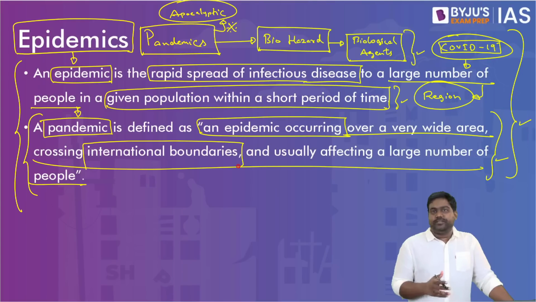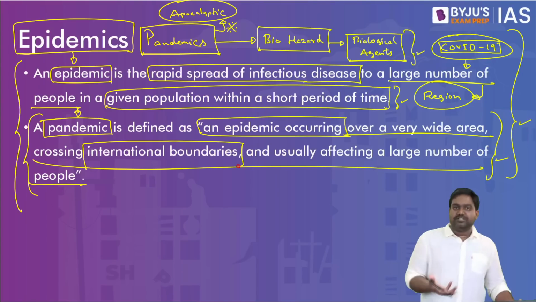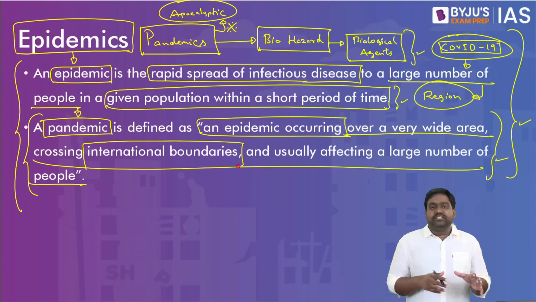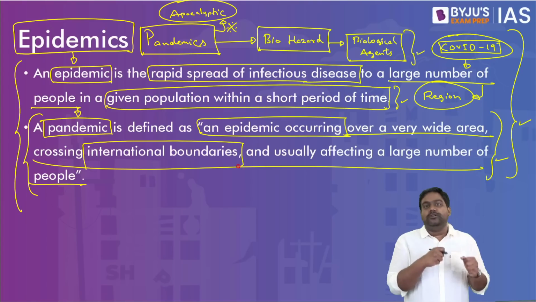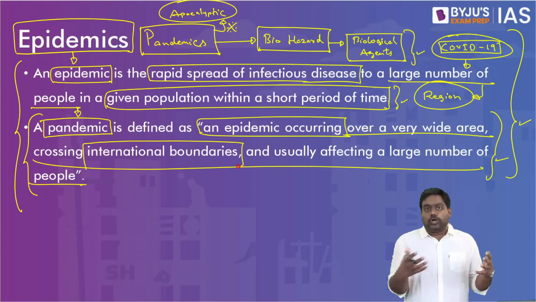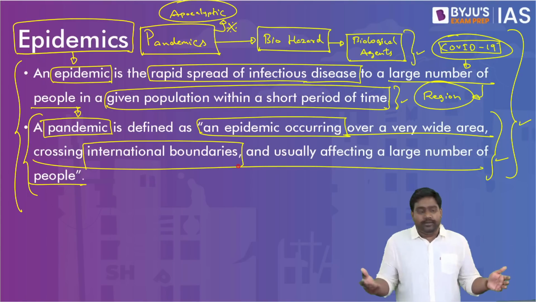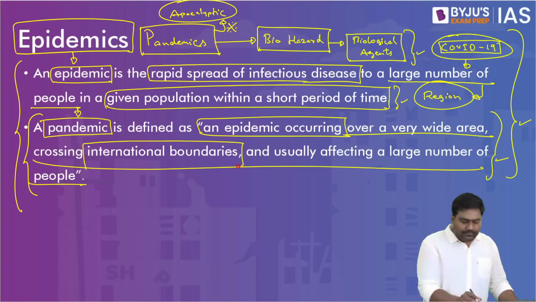That's the only difference. Epidemic, pandemic, both are exactly the same. Both are infectious diseases. Epidemic is when it is limited to one or two countries or in a given region, in a given population. But if it spreads uncontrollably across multiple countries, across 4 or 5 countries or 10 countries or more than that, then it becomes a pandemic.